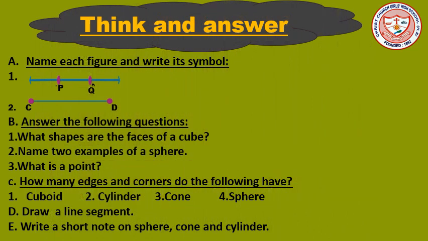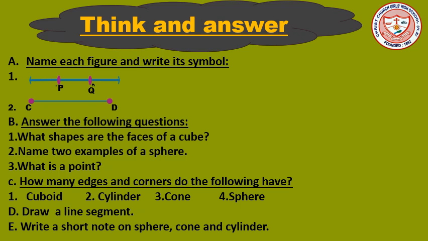First, think and answer the following questions carefully. A. Name each figure and write its symbol. So here, first of all, you need to write the name of each figure and then its symbol along with this name. Okay? Next, B. Answer the following questions. Number 1.